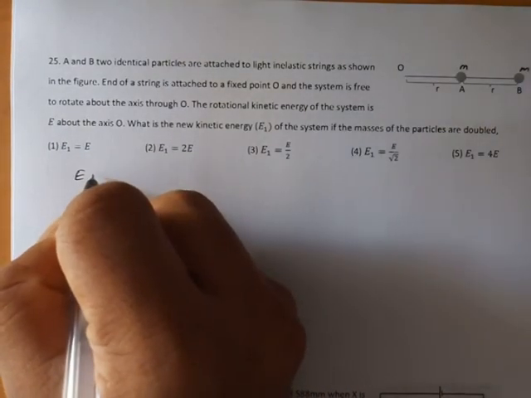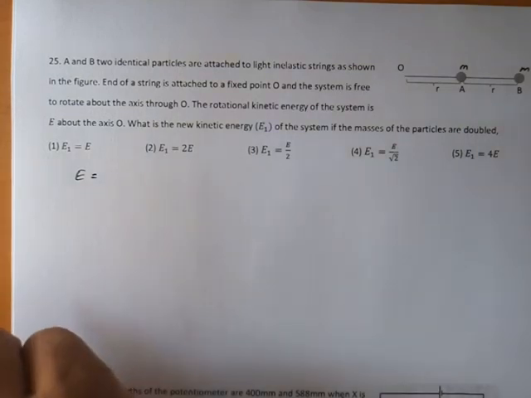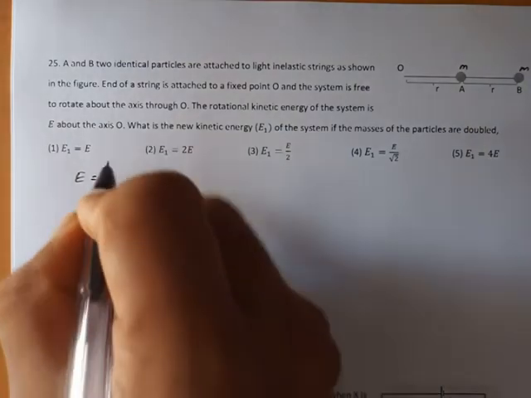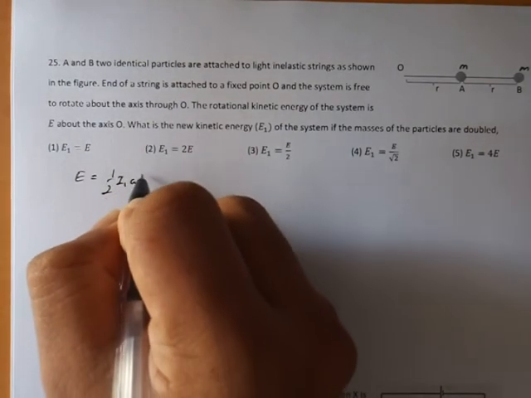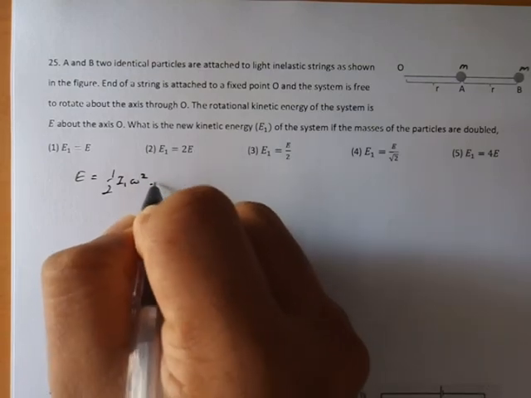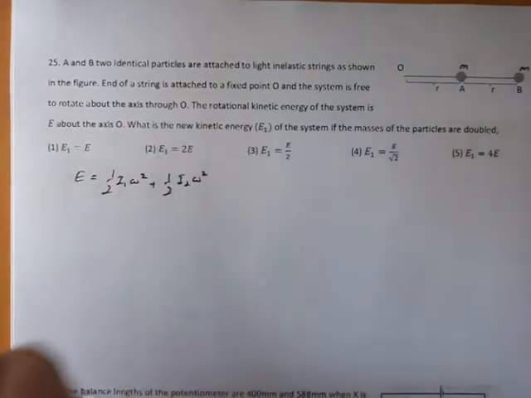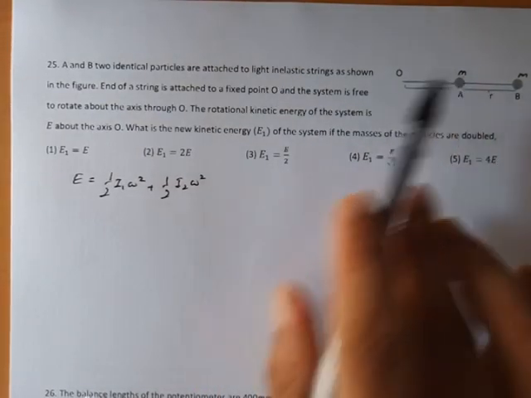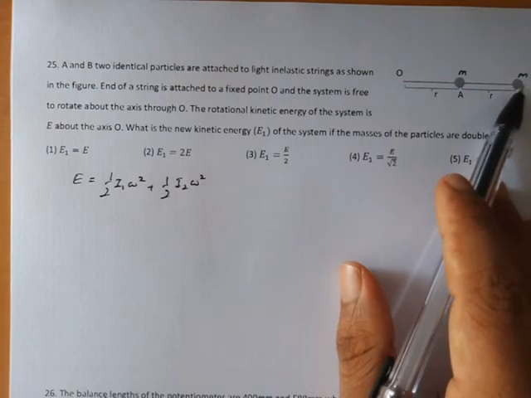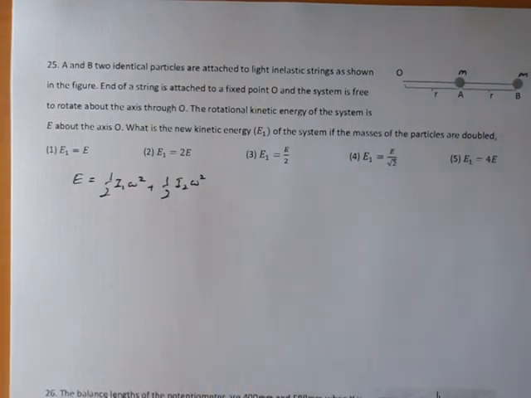Okay, so I can find out E. E is equal to the rotational kinetic energy. I can write half I1 omega squared plus half I2 omega squared, where I1 is the moment of inertia of this mass and I2 is the moment of inertia of this mass. Let's simplify this.